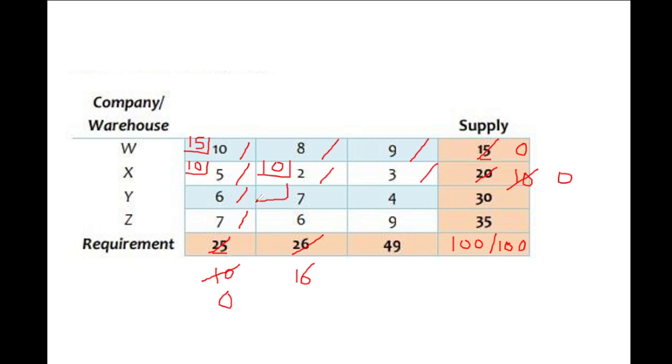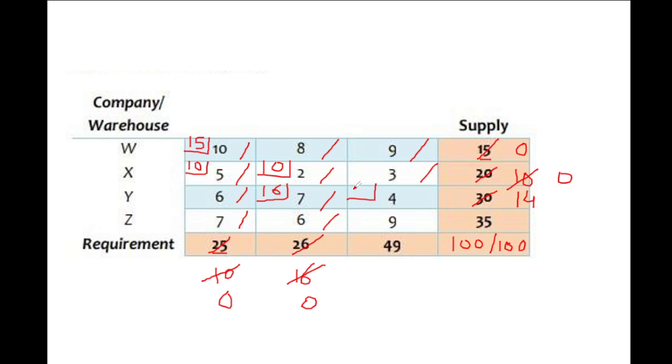Now for the remaining, this is the next northwest corner. Demand value is 16, supply value is 30. Take the least value, that is 16. Follow it: 16 minus 16 is 0 and 30 minus 16 is 14. Since 0 is achieved here, this column is exhausted. Demand is exhausted, so avoid this line. Now for the remaining, follow the same procedure with the northwest corner. Here 14 is the supply, demand is 49.